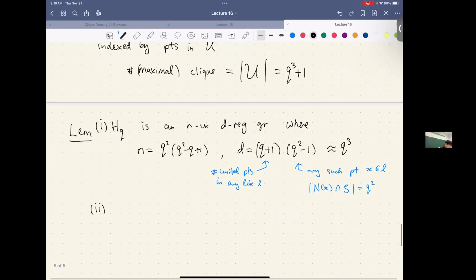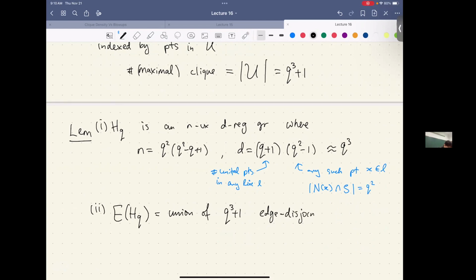The edge set of HQ is the union of q cubed edge disjoint maximal cliques KQ squared, pairwise sharing exactly one vertex.